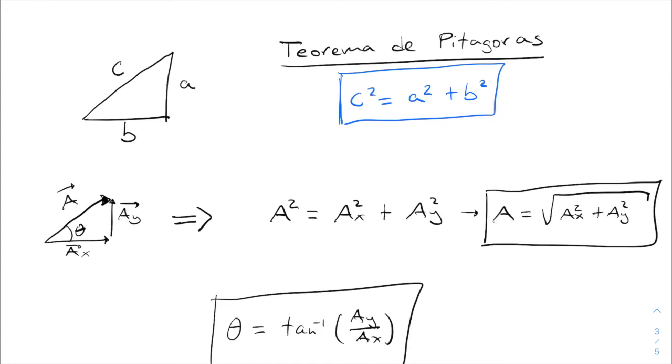Therefore, the magnitude of the vector is just the square root of ax squared plus ay squared. Now, to find our angle theta with respect to the x coordinate, theta from basic geometry is equal to the tangent inverse of ay, the y component, divided by ax, the x component.